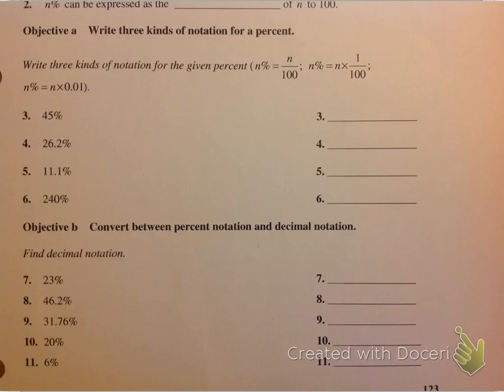So the directions do say write 3 kinds of notation for the given percent. They want us to write the ratio, and then they want us to write it as a whole number times a ratio, and then finally a whole number times a decimal. So if we just focus on this first one, 45%, written as a fraction would simply be 45 over 100.